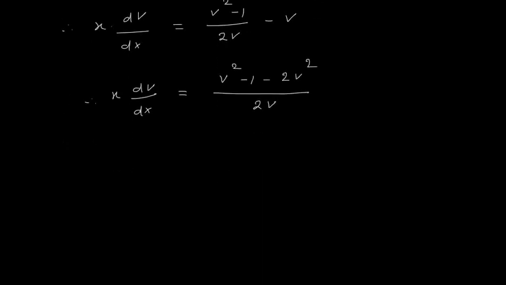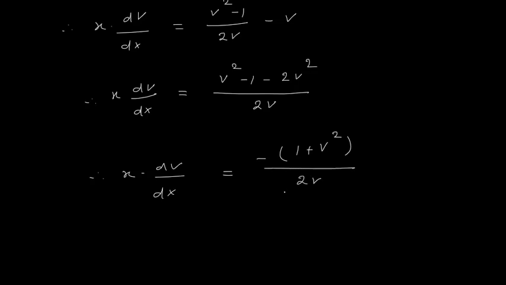So x into dv upon dx is equals to, now I will take the minus sign out, v square minus 2v square is minus v square. So when I take minus common, it will become 1 plus v square, denominator is 2v.